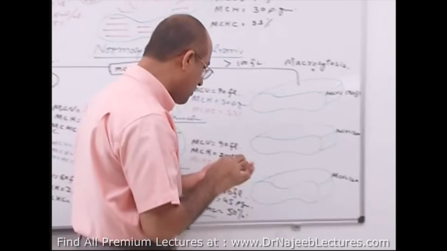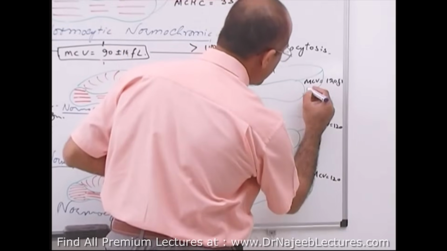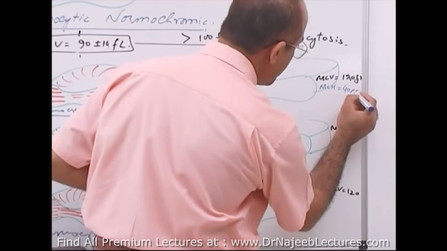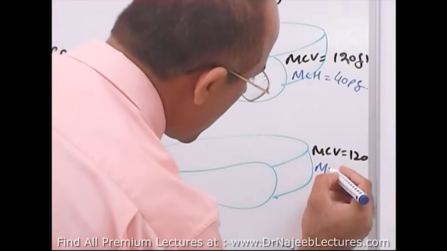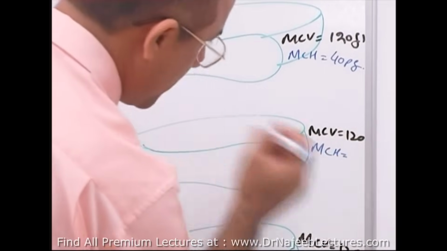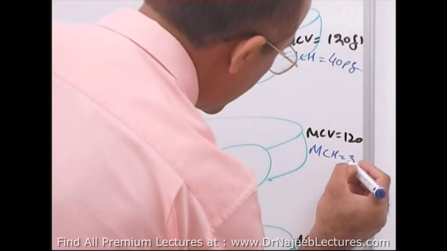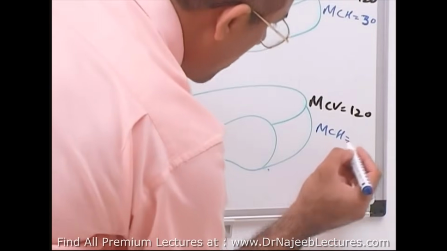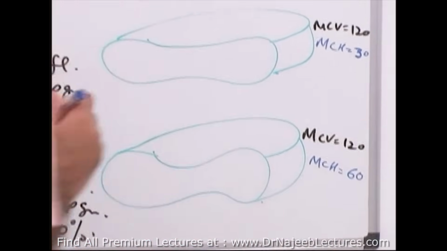But when we talk about hemoglobin, here mean corpuscular hemoglobin is 40 picogram. Here mean corpuscular hemoglobin is 30 picogram. Here mean corpuscular hemoglobin is 60 picogram.